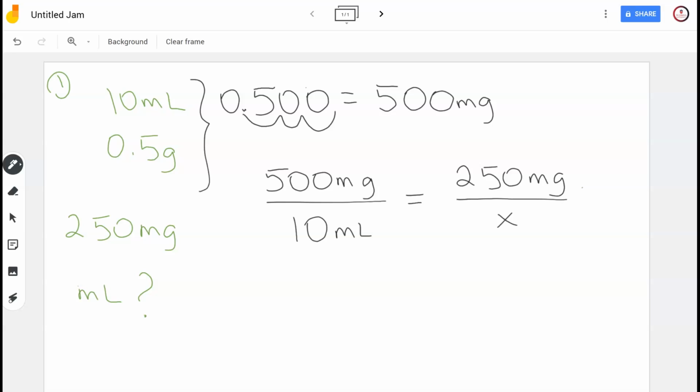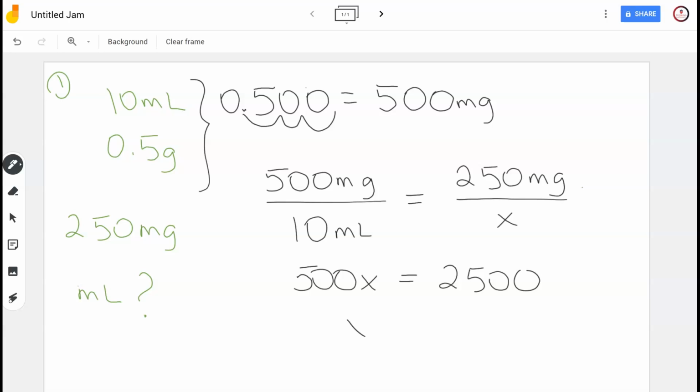If you look at this just quickly, you can see that 250 milligrams is half of 500 milligrams. So if you extrapolate that further, without doing any math, you should expect 5 milliliters of fluid. But we'll do the math through. 500 times x equals 250 times 10, which is 2,500.